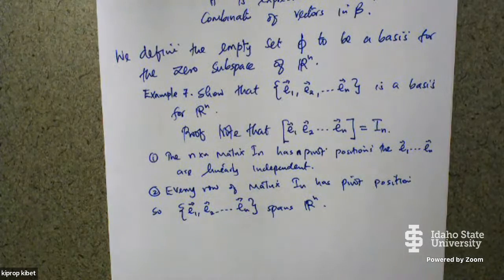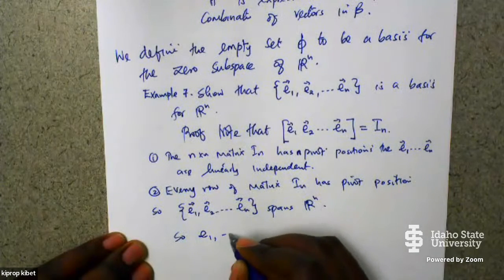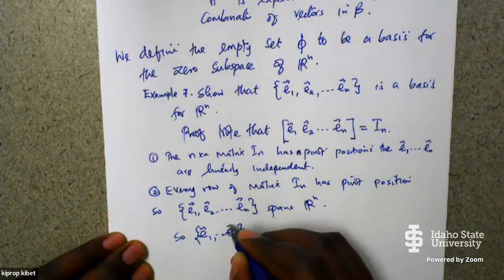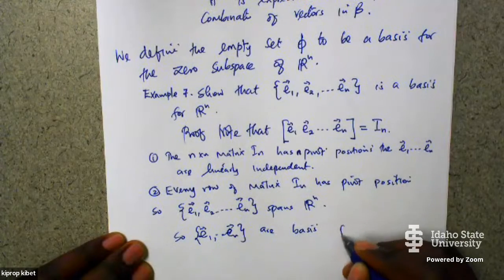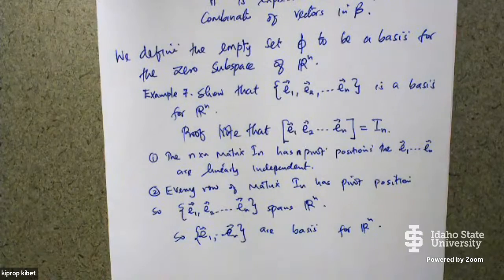So the vectors E1 to En are a basis for Rn.